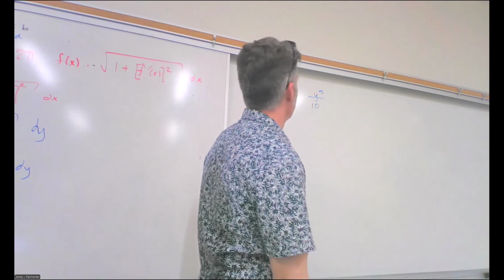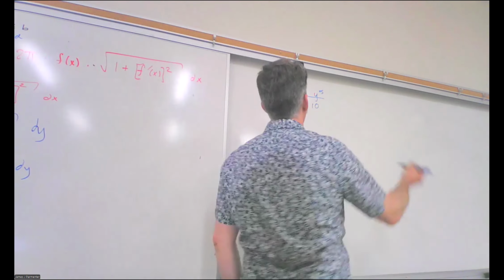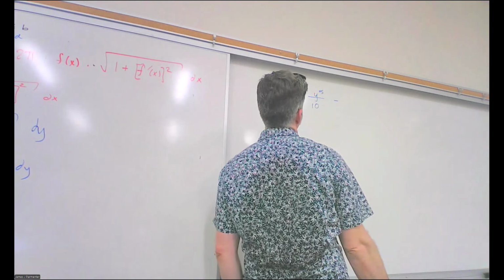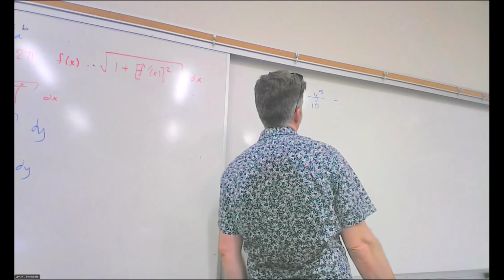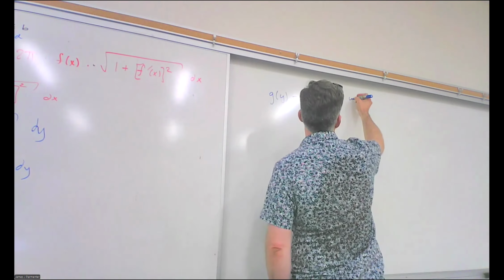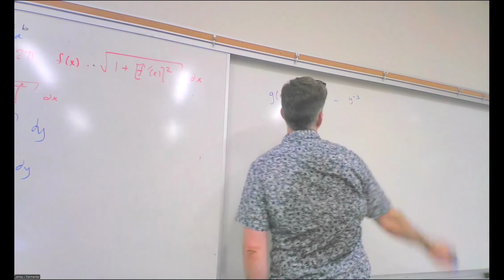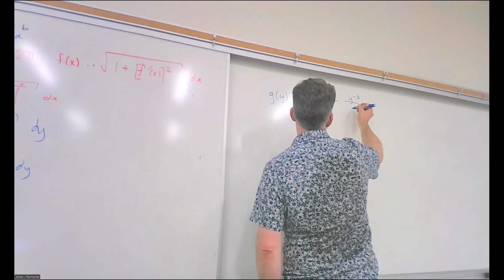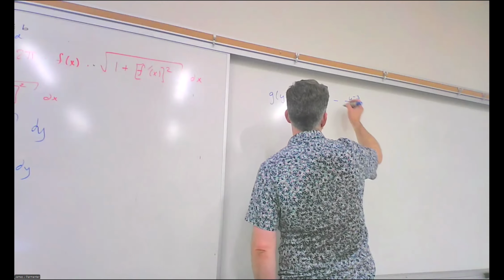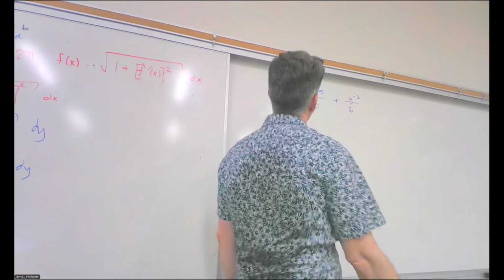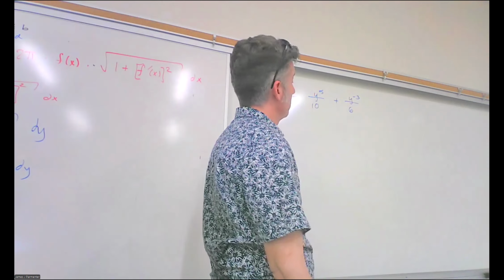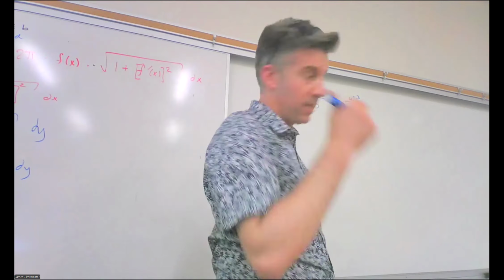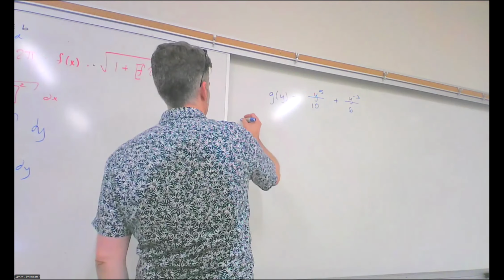I'm going to have a minus. I want a y to the negative 3rd over 6 plus. Is that going to work out all right? I think it is.